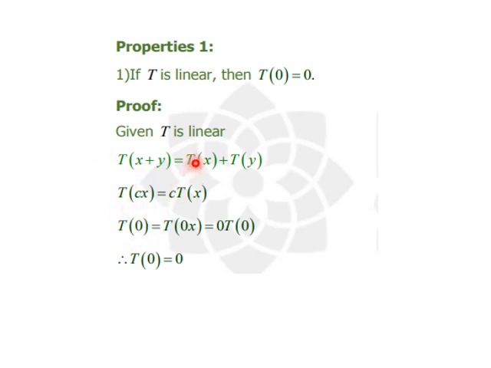Let us consider the left hand side T(0). 0 can be written as 0x, and this can also be written as 0 T(x). Now, from this, what can you conclude? T(0) is going to be 0. Here I am using the property T(cx) = c into Tx. So 0 into Tx, when I multiply, what I get is only 0. So T(0) is equal to 0.